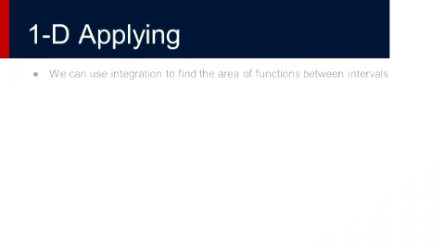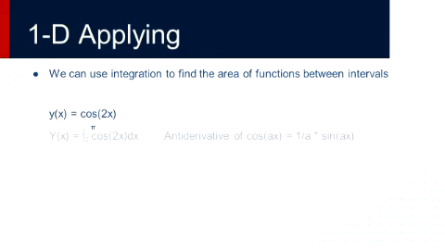And so now let's try applying some of this into integration. We can use integration to find the area under functions between certain intervals of our choosing. Let's try it out with the function y of x equal to cosine of 2 times x. We take the integral of both sides, we would get big Y of x is equal to the integral from 0 to pi of cosine of 2x dx.